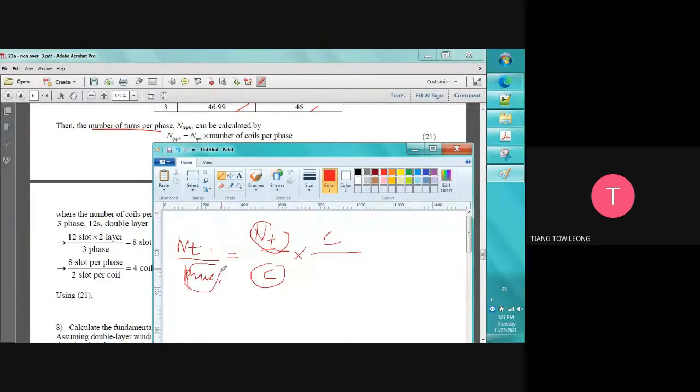Then I want to maintain phase, so that coil can be cancelled off, and we get number of turns per phase. That is why NTPPH, number of turns per phase, is the number of turns per coil times the number of coils per phase.